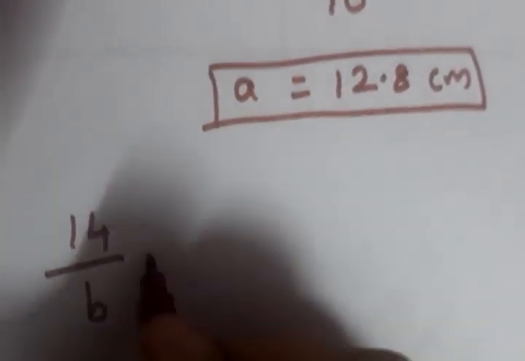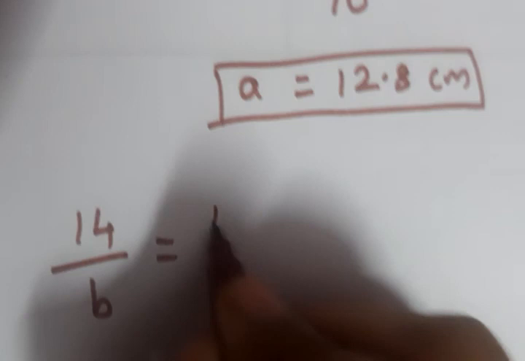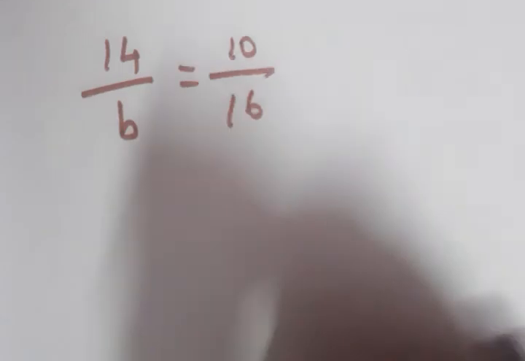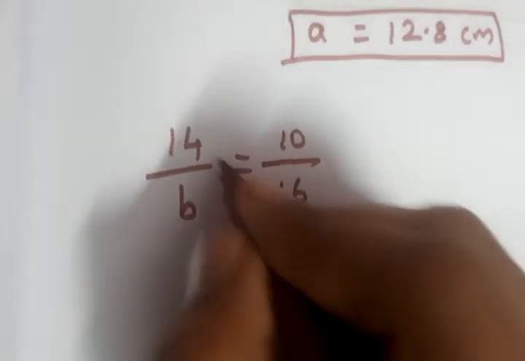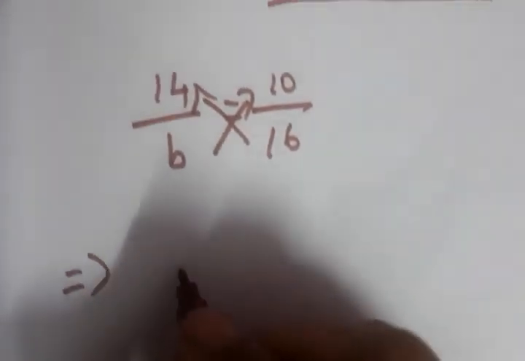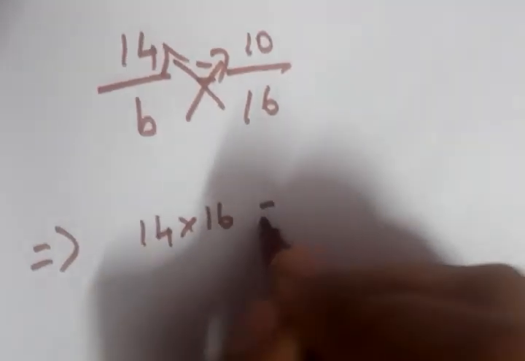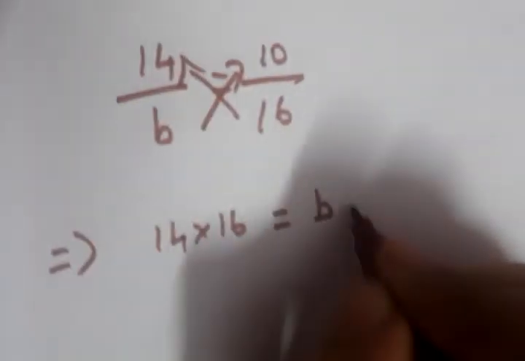14 by B equal to 10 by 16. Then cross multiply: 14 into 16 equal to B into 10.